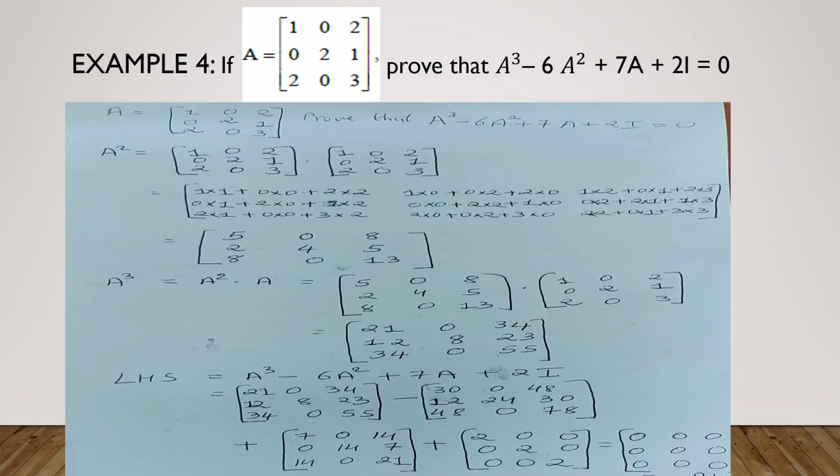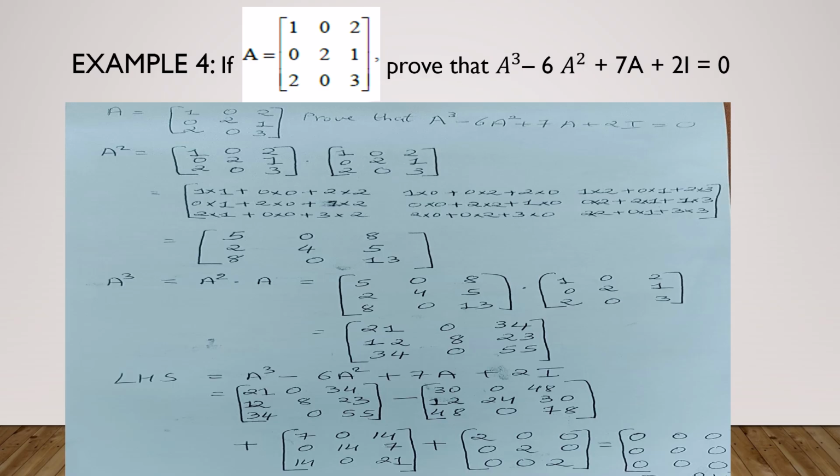Now we want A cube. A cube means A square into A. So whatever A square you have obtained, you write that matrix and then you write the matrix A. Again, same thing, multiply it. Suppose I want the element in the second row, first column, that means the a21 element of A cube.